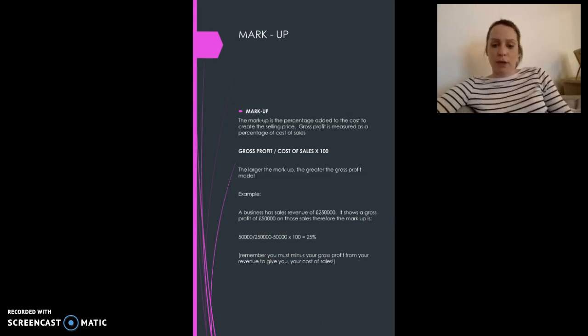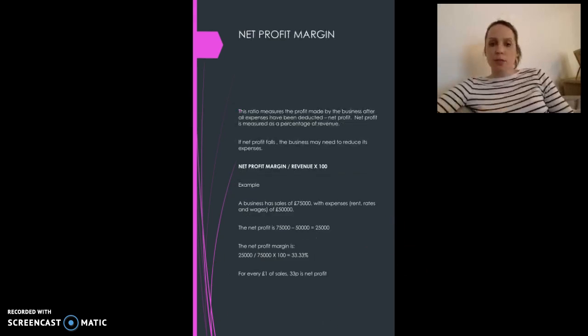Now, if we have a look at the third ratio, this is your net profit margin. Now remember, net profit is after all expenditure. So this is actually a really good indication of how well your business is performing. And your net profit, again, is measured as a percentage of your revenue. So as we've said in previous tutorials, revenue is money coming into the business through selling of your products or services.